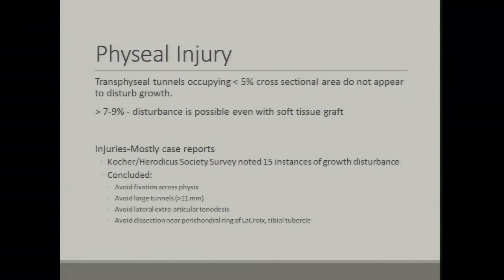Avoiding large tunnels where we do more damage to the growth plate. Avoiding tenodesis, which is non-anatomic and not something that we really think too much about anyways. And then certainly avoiding dissection at the bone cortex around the area of the growth plate.